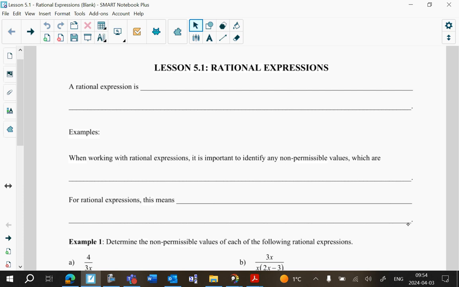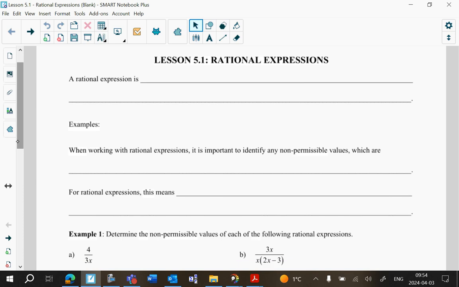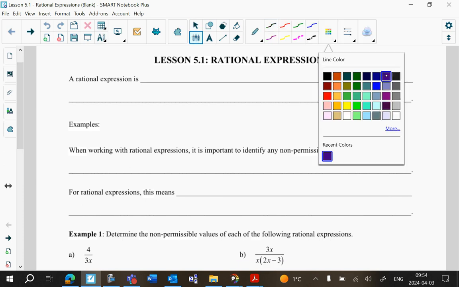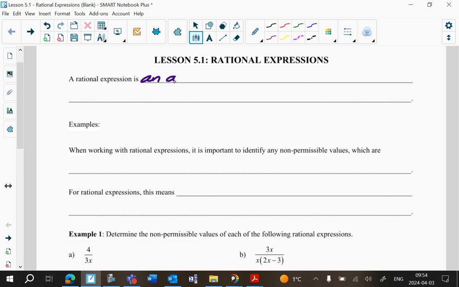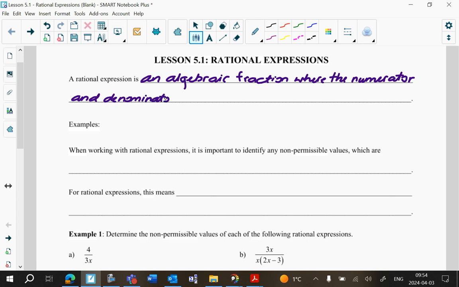But first of all, what is a rational expression? Well, it is an algebraic fraction where the numerator and denominator are polynomials.